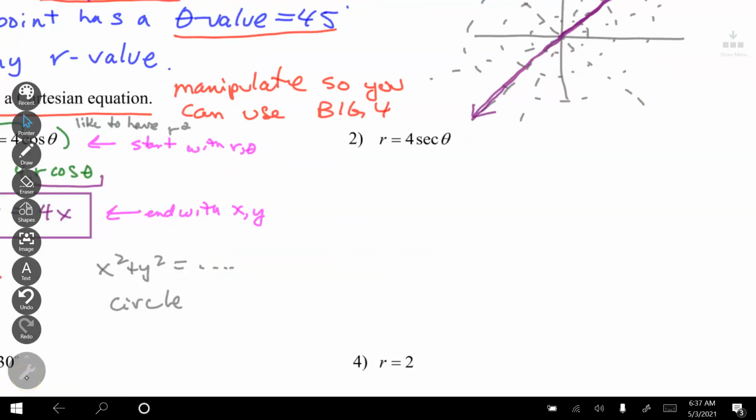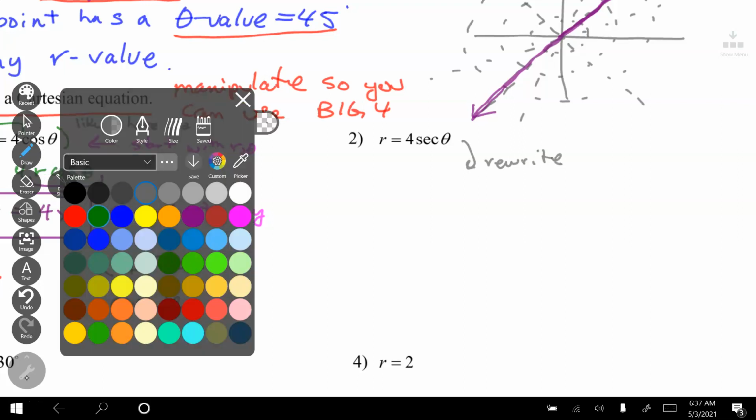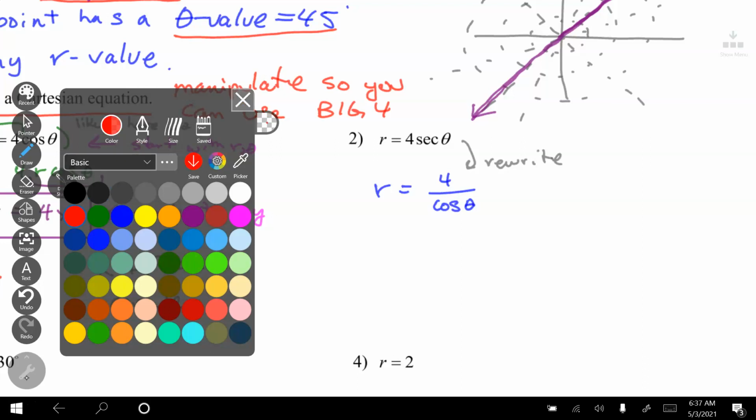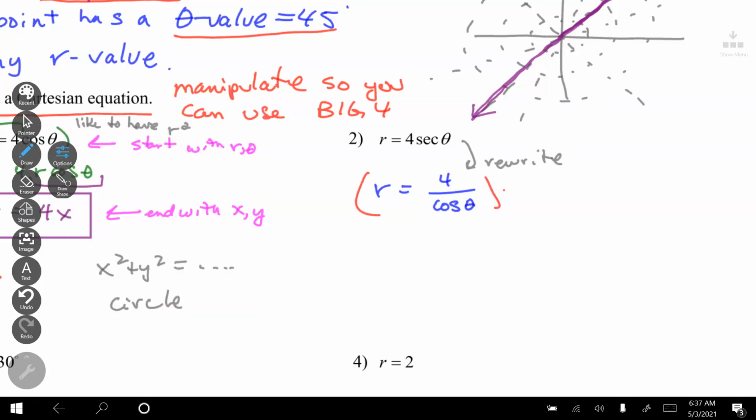I don't remember seeing secant as part of the big 4, so I'm going to rewrite this. Because I know it's really 4 over cosine theta. And I decide, well, I don't like cosine on the bottom, so I'm going to multiply it through. When I do that, I get r cosine of theta is equal to 4.